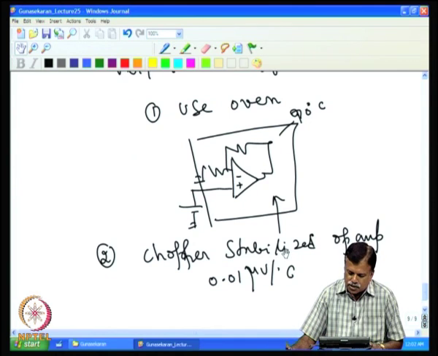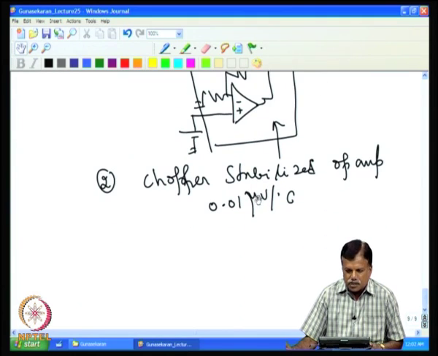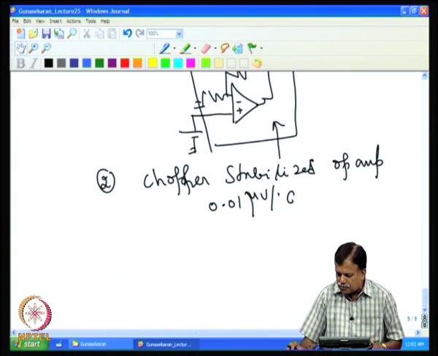So, the option that we have in case you have to handle a very low level signal is to use an oven and compensate it. But there are other techniques also being used, namely that we can have auto zeroing amplifiers.